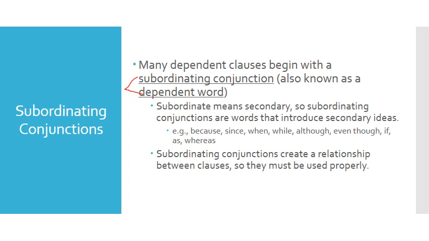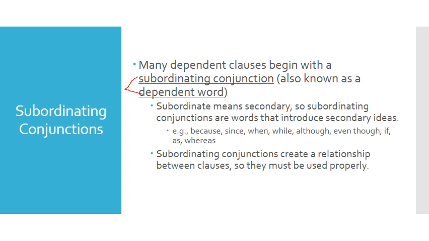If you remember at the beginning, we said that we sometimes use complex sentences to provide extra ideas or more information that is related to the first idea. So that's why when we have to add these extra ideas, we have to use subordinating conjunctions, which express secondary ideas. These are just examples.